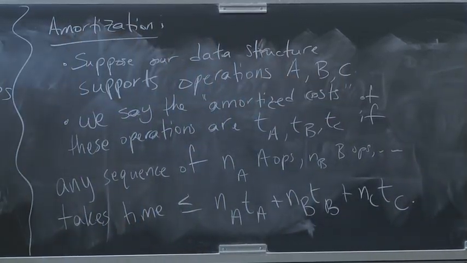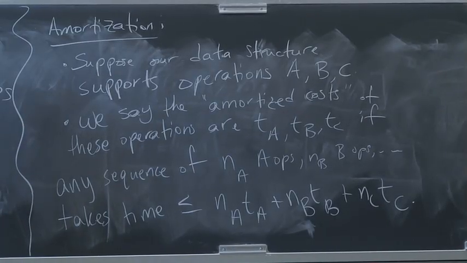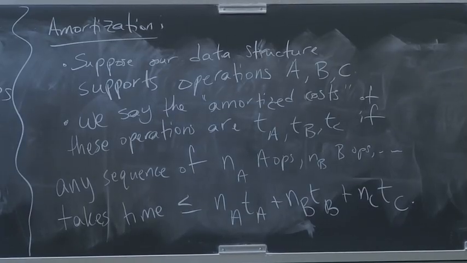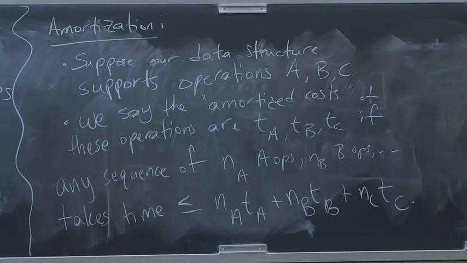So usually we talk about worst case running times for data structures. A balanced binary search tree, a red-black tree, takes log n time to do a search. If we say that it takes log n amortized time to do a search, it means that if we do k searches in a row on a data structure of n items, then it should take us at most k times log n steps total.